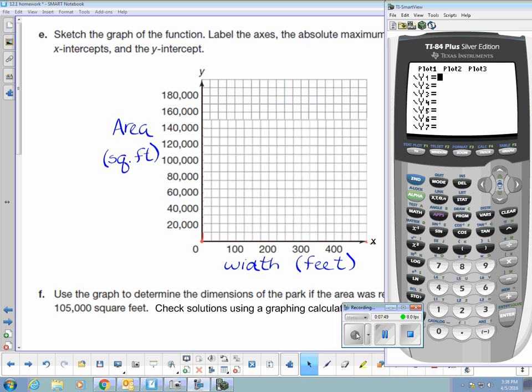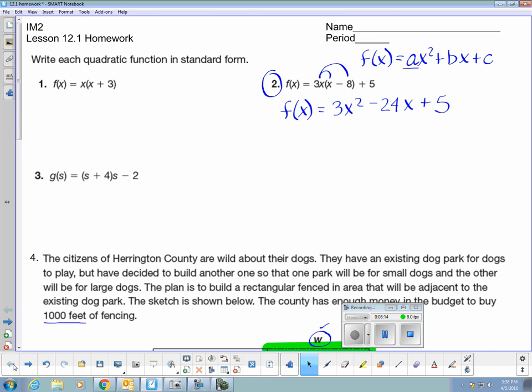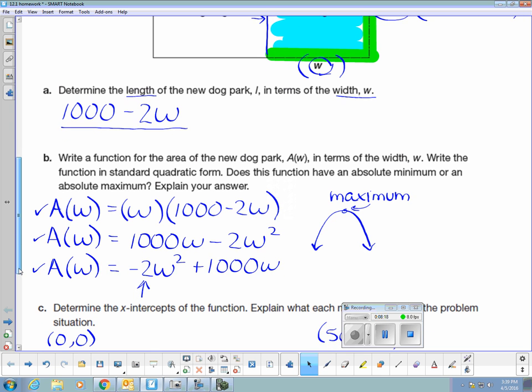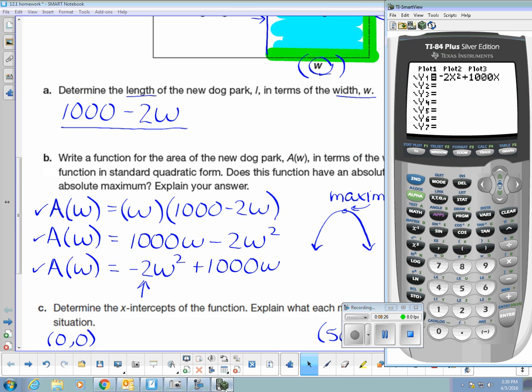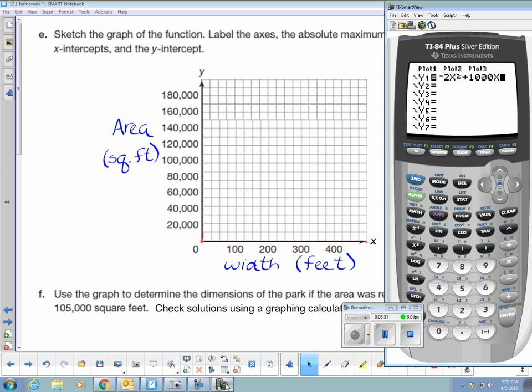To help me to graph this parabola, I'm going to use my graphing calculator, and into my function y sub 1, and then I'm going to go to my table, which is second graph, and let's set this up and start at 0, and let's go up by, try 10.